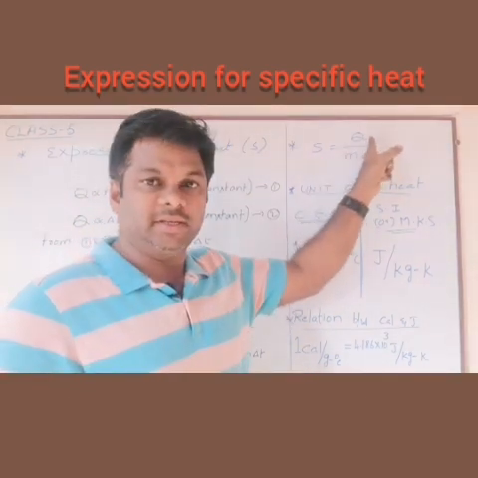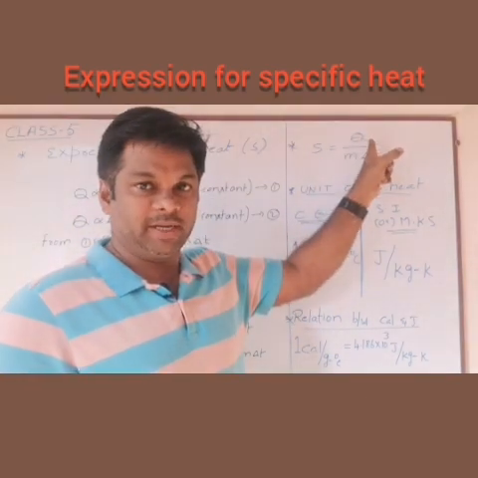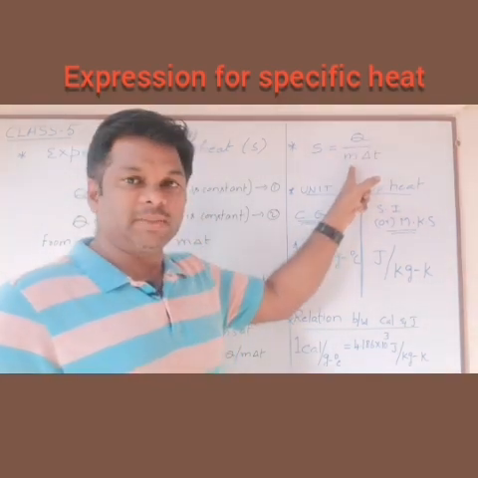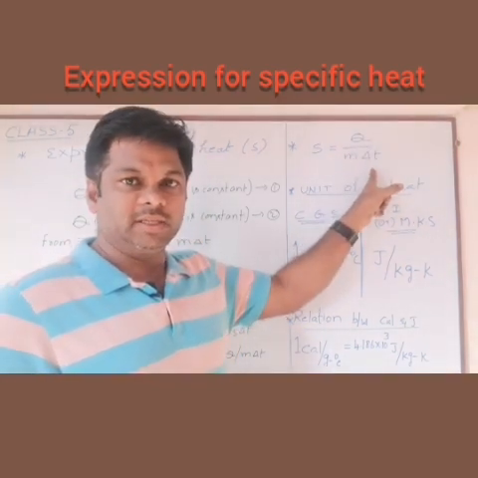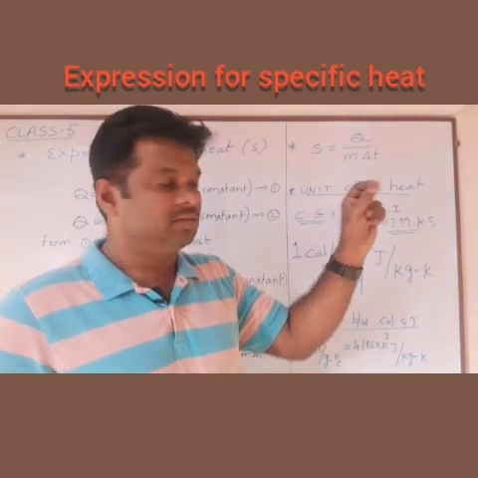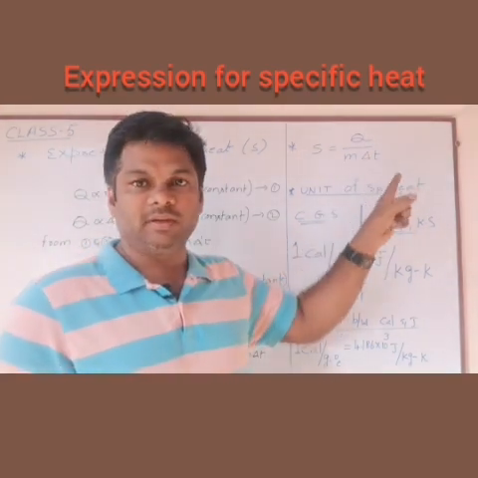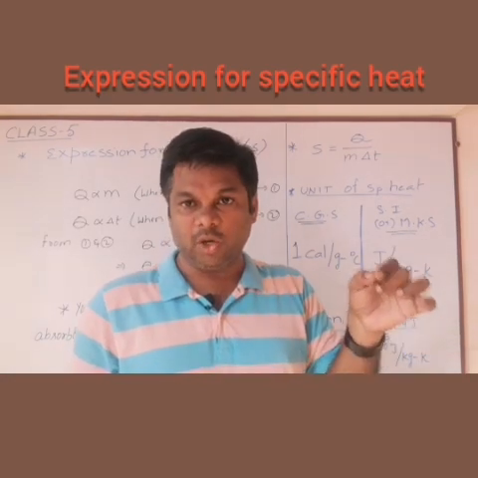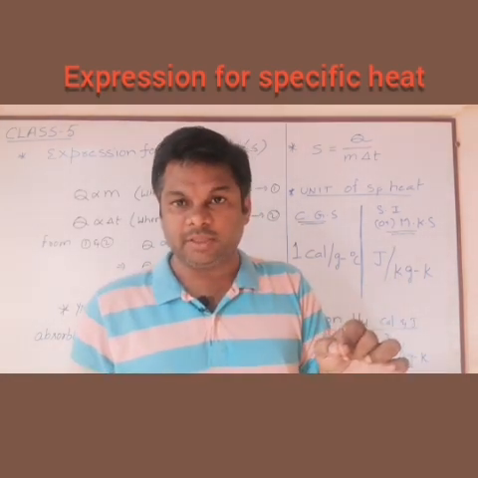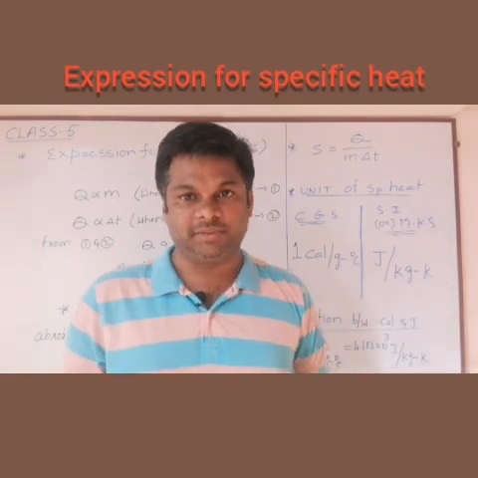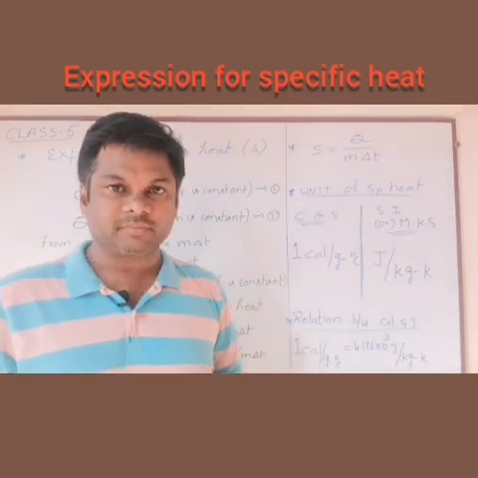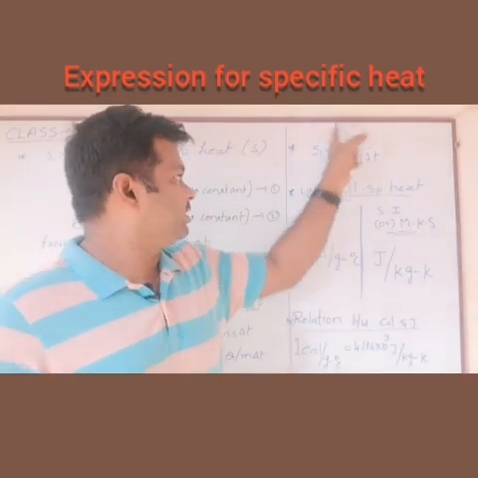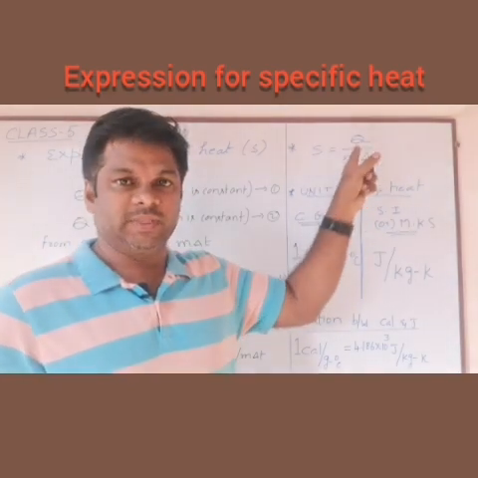Q is the heat energy absorbed or liberated. Mass of the substance is M. Delta T is the change in temperature. Sometimes we call this a rise in temperature when heat is absorbed, or a drop in temperature when heat is liberated. So this is about the formula of specific heat.